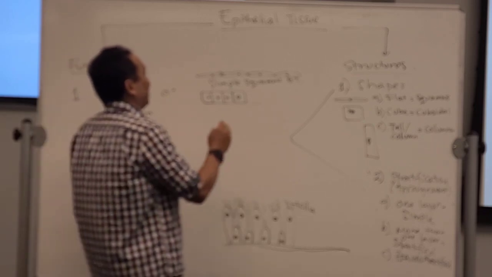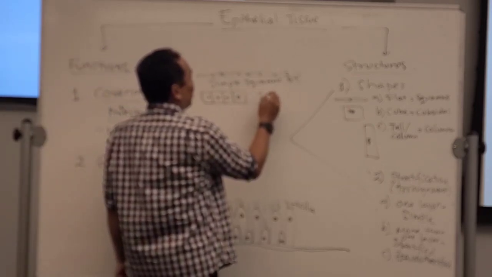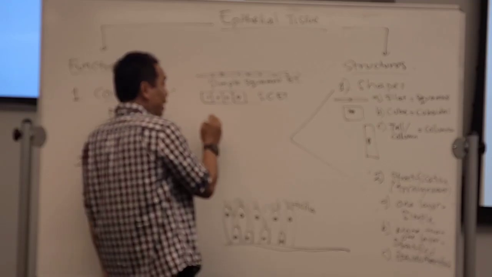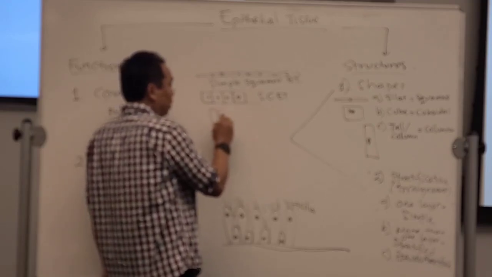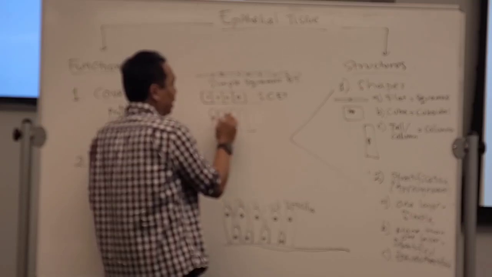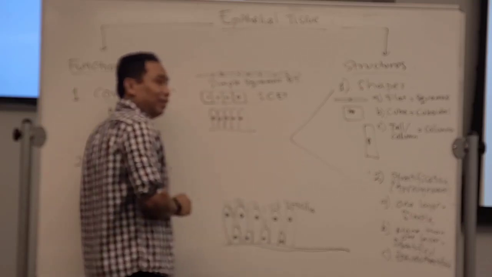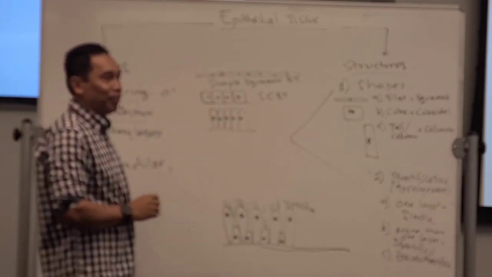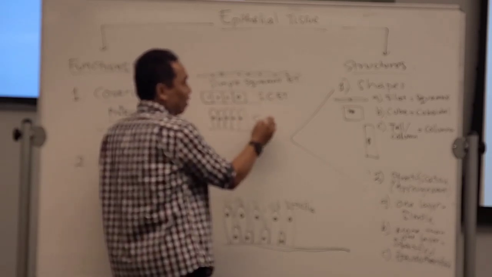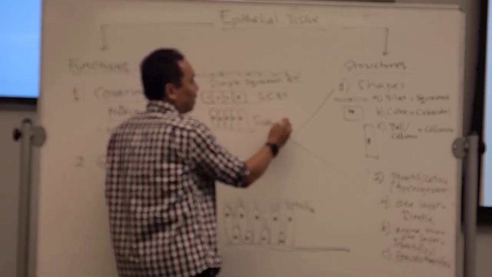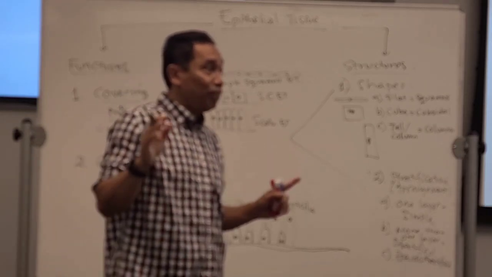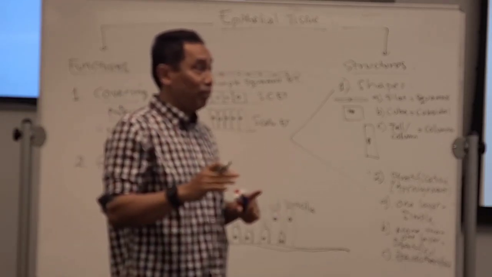If it is one layer, but the shape is columnar, like in the GI tract, in the intestine, what is the name? Simple columnar ET. Easy name, right? Based on the arrangement and the shape.